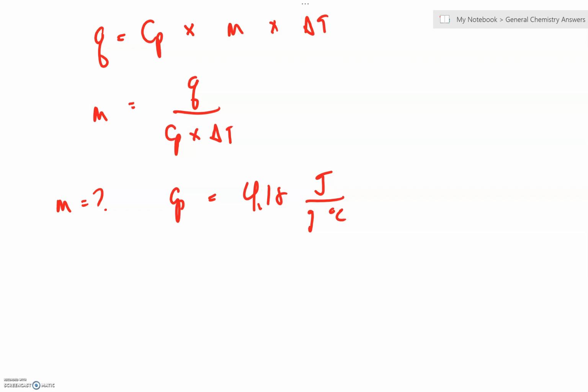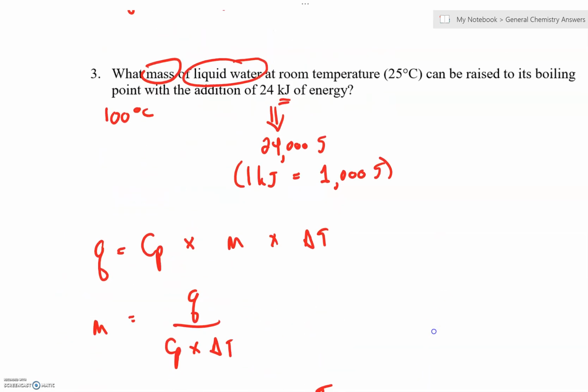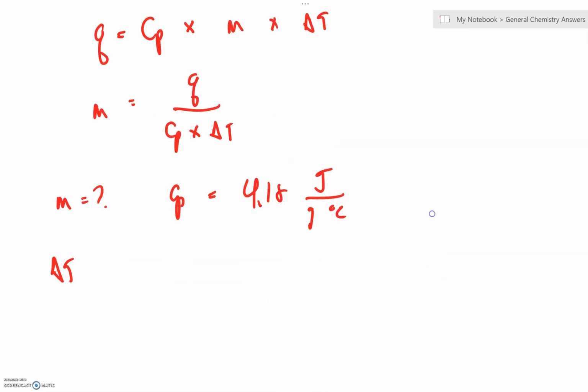We know our delta T because we are going from 25 degrees Celsius to the boiling point, which is 100. Oh, look at that, just like the previous example. And the Q, which is our energy, 24 kilojoules, otherwise known as 24,000 joules.